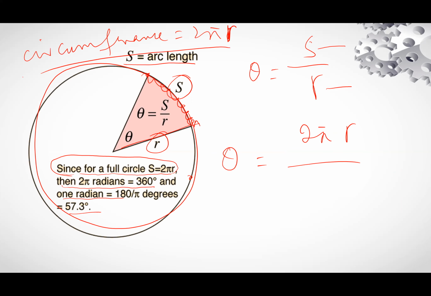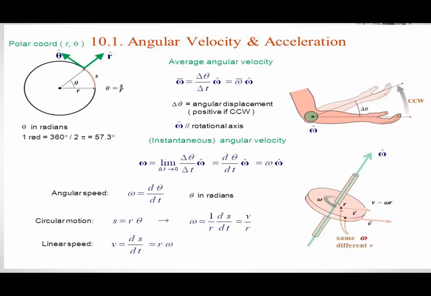Then the angular displacement will be 2 pi radian. Now, again the explanation of angular velocity and acceleration. Angular displacement theta is equal to s divided by r. One radian is equal to 360 divided by 2 pi, which is equal to 57 point something degrees.